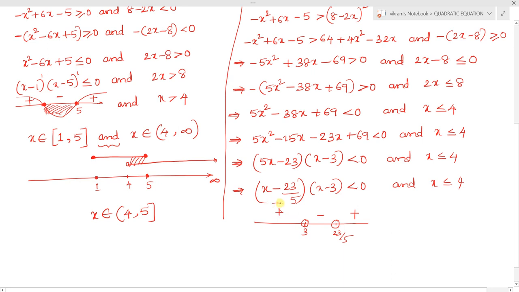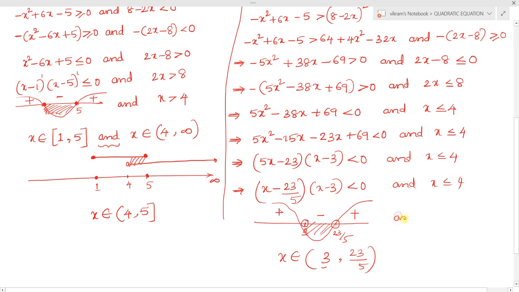Our required solution is from 3 to 23/5, so x belongs to the open interval 3 to 23/5, where 3 is the smallest one.